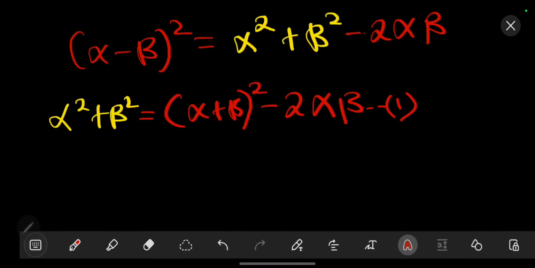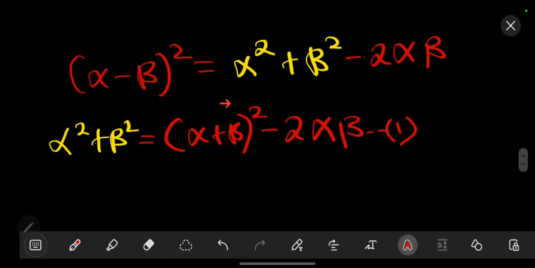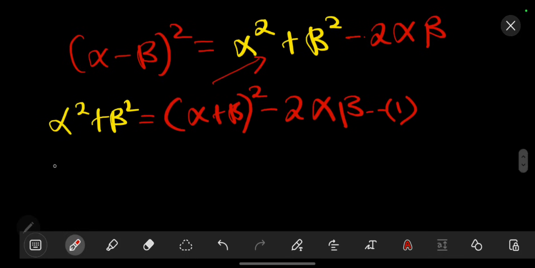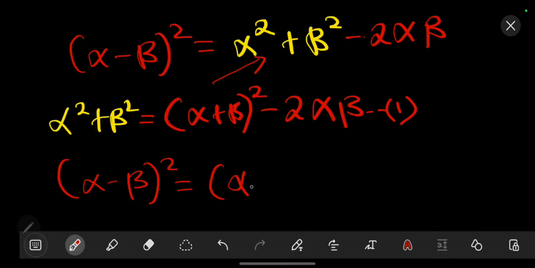So now it means wherever you see alpha squared plus beta squared, you are going to replace it. So you are going to say alpha minus beta squared should be equal to, where there is alpha squared plus beta squared, you are going to put the value which is equal to alpha plus beta squared minus 2 alpha beta.